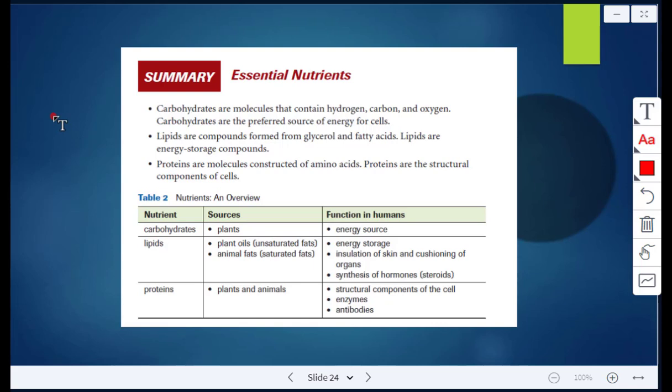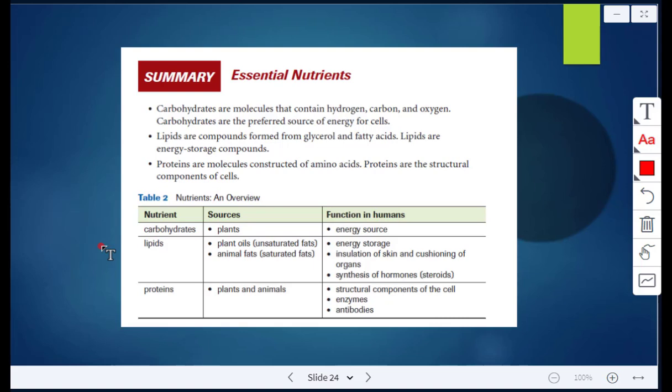All right, so just summarizing the essential nutrients here, carbohydrates are molecules that contain hydrogen, carbon, and oxygen. They are the preferred source of energy for cells. So here sources are, for example, plants. In humans, it is the primary energy source. Lipids are formed from glycerol and fatty acids.